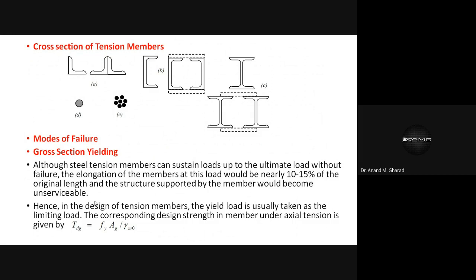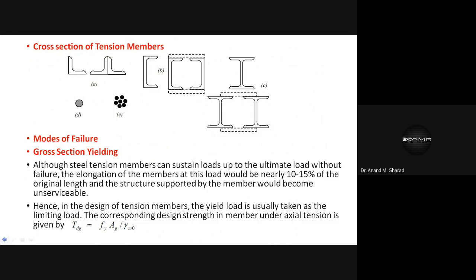So the initial numerical, whatever we have seen, was just an introductory part, just a part of the complete picture. But now you will slowly come to understand how to make use of these three modes of failure in order to make your connection stable, in order to check whether the connection is safe or not.